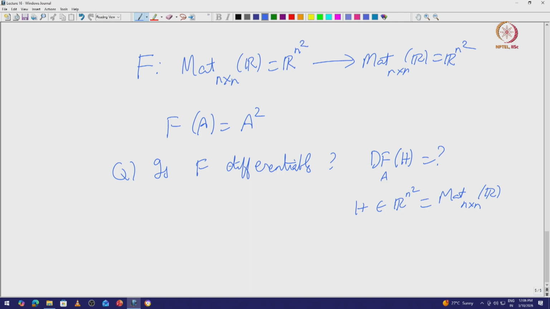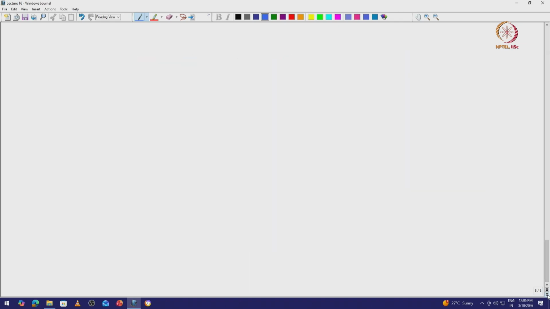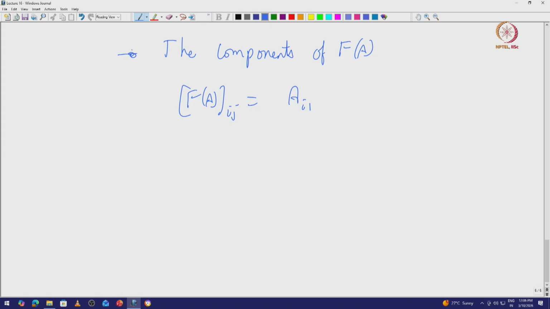So the answer to this question can be given in two ways. First of all, why is f differentiable? The components of f, the vector valued function f of A, are as follows. f of A, ij, is the sum over k of A_ik A_kj, right?